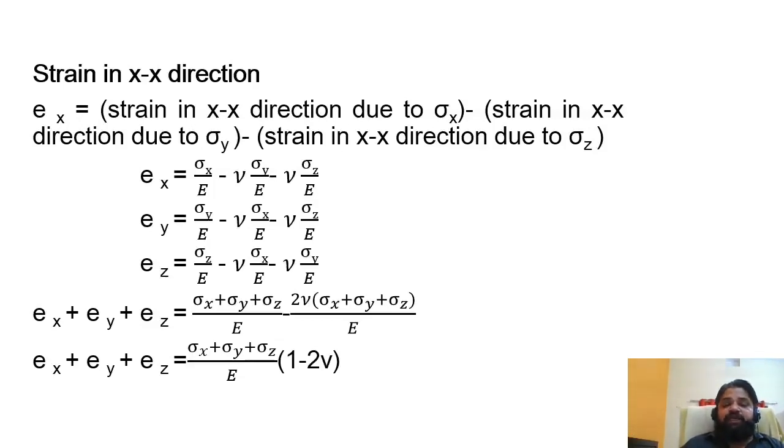Now it is written EV is equal to sigma x plus sigma y plus sigma z by E into 1 minus 2 nu, the stresses developed along their corresponding axes.